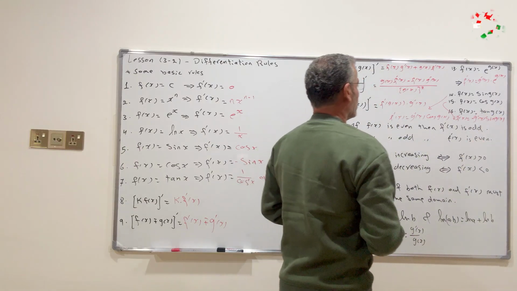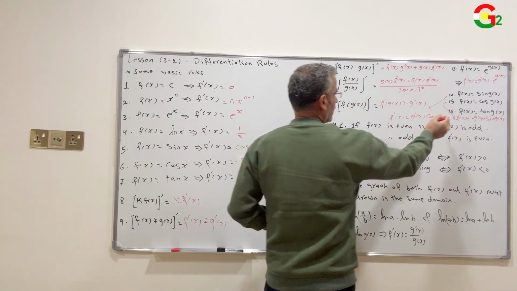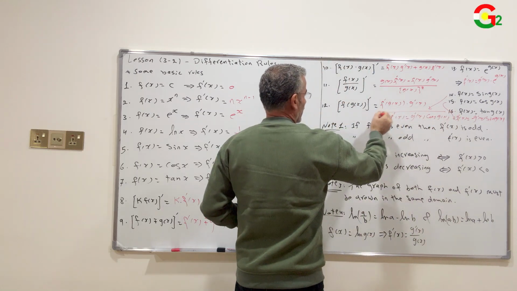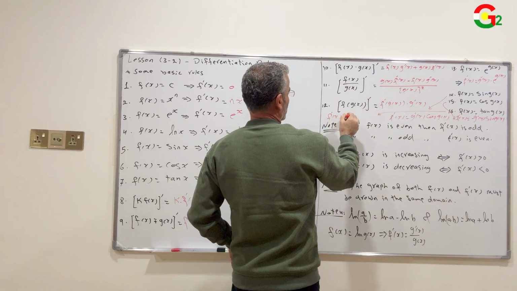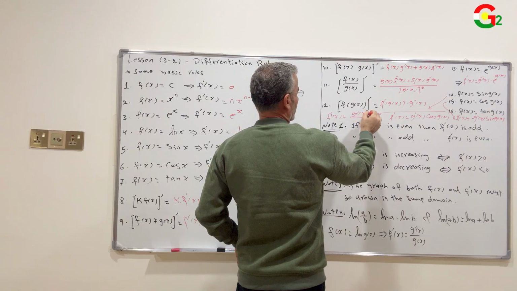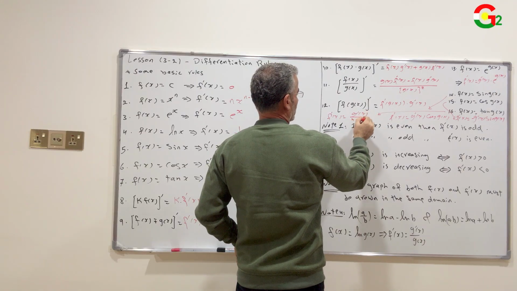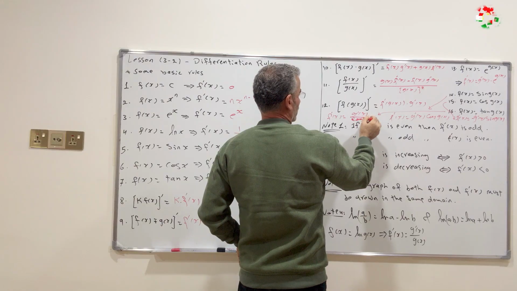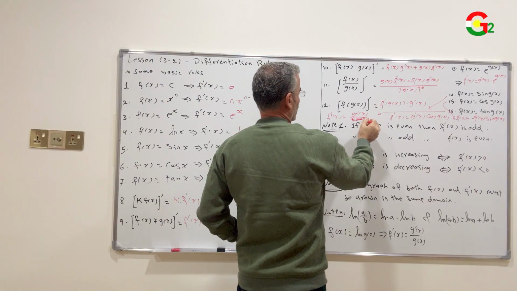If f of x equals tan g of x, then f prime of x equals g prime of x over cosine square g of x.